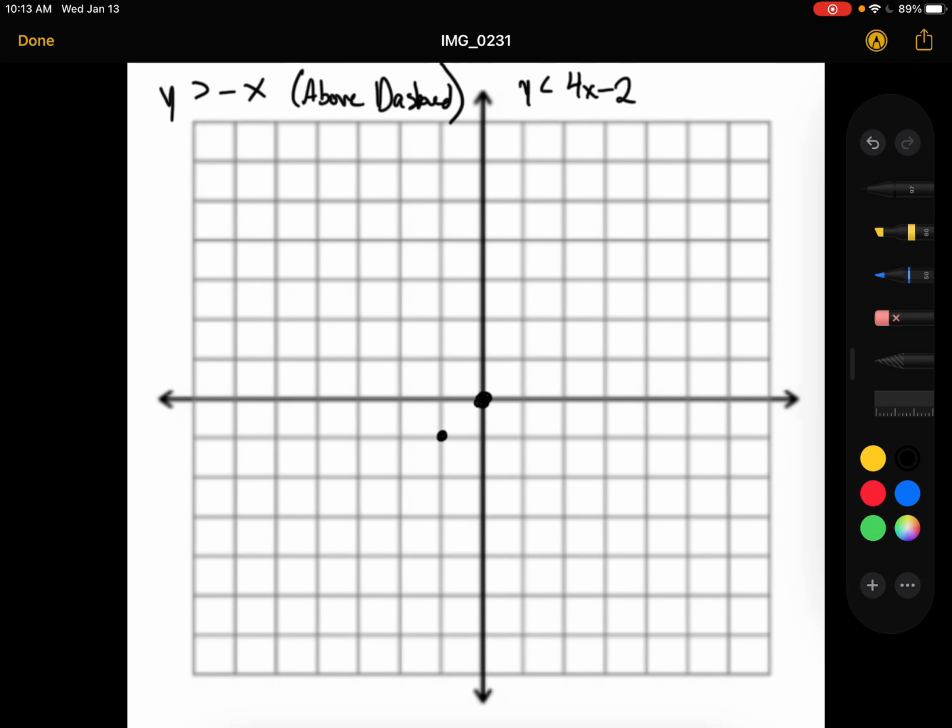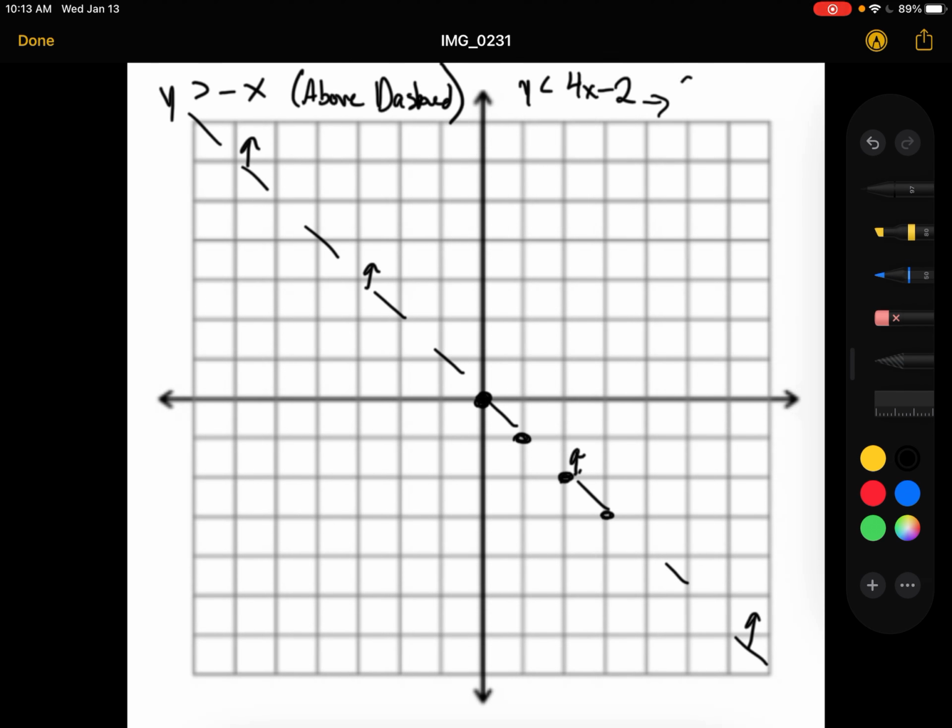So it goes down 1 over 1, and our intercept is 0. So this line here is a dashed line, and we're going to be shading above it, so I always put little marks here. Again, that way we don't forget this region we're shading above.